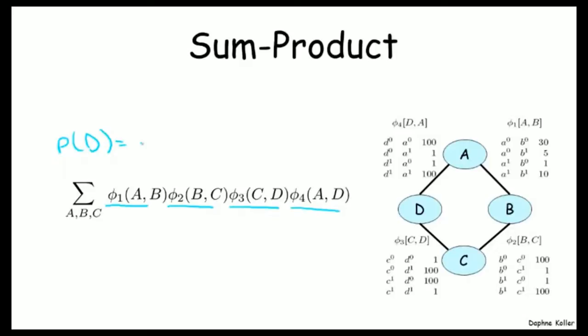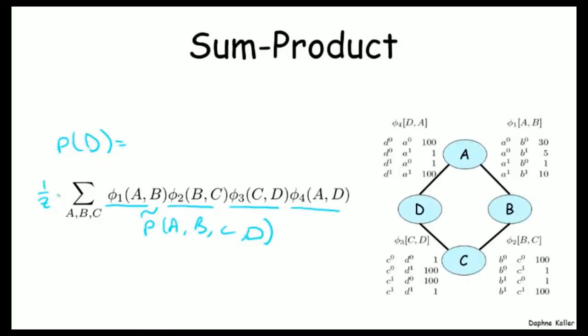Now, what I wrote here is not actually quite right, because the product of the factors isn't actually, in Markov networks, P of A, B, C, D. Rather, it's P tilde of A, B, C, D, which is an unnormalized measure. And in order to get the normalized measure, we need to normalize or divide by the partition function. So how do we deal with that if our goal is to compute P of D?